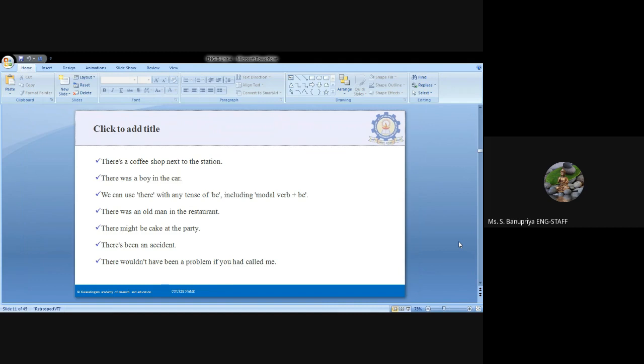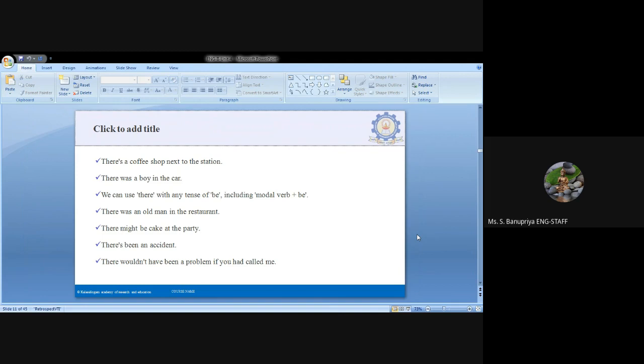Okay. We can use there with any tense of be, including modal verb plus be. This is the main thing, that we can use modal verb plus be with there. There was an old man in the restaurant.